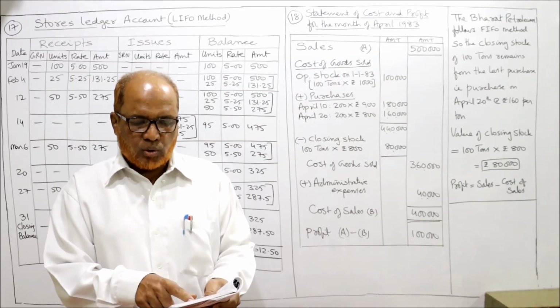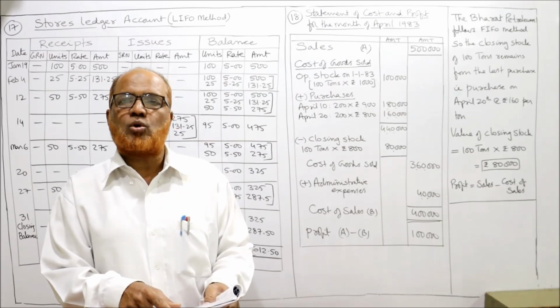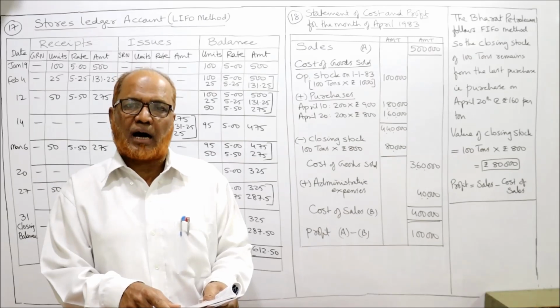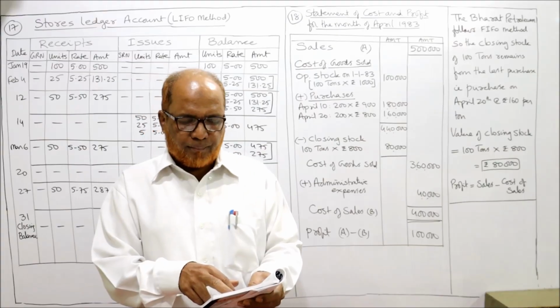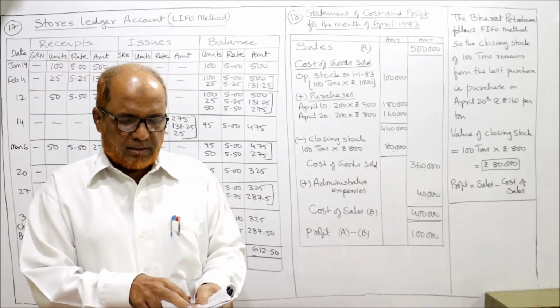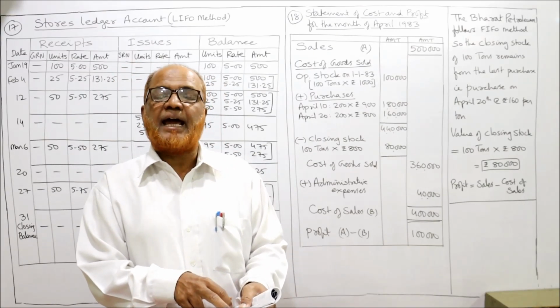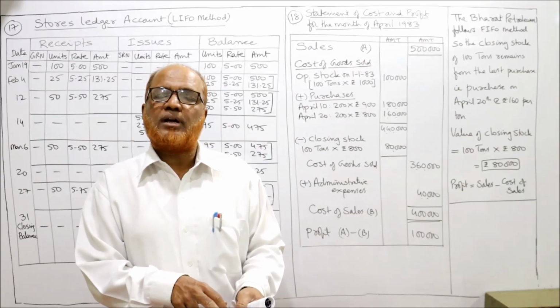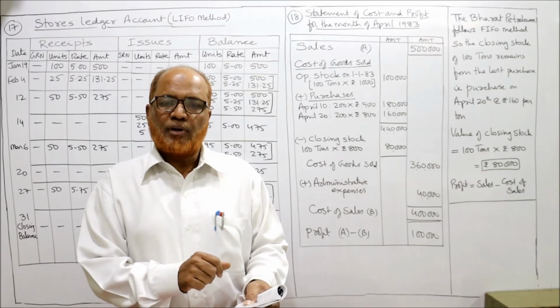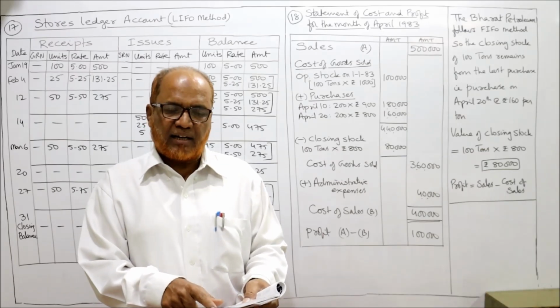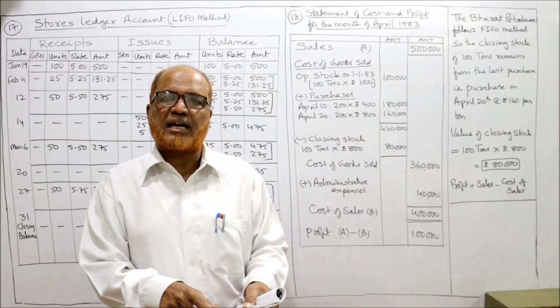So 200 into 900, you'll get 1,80,000 rupees, the value of purchases on 10th April. On 20th April, there are 200 units at 800 rupees per ton. So 200 into 800, 1,60,000.